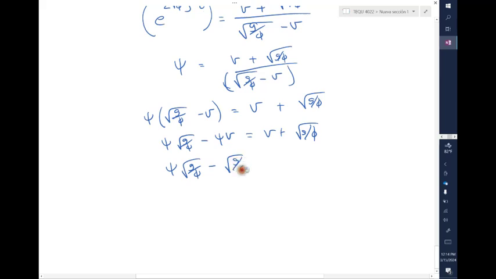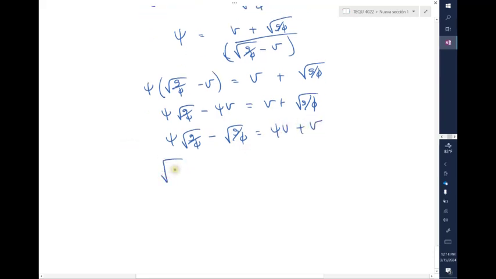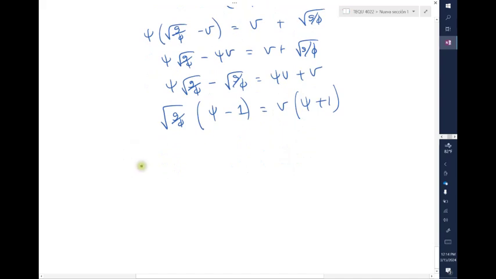G over phi equal, this goes positive this way, the distributive, psi minus 1 equal v as a factor psi plus 1, and we end up that the velocity in terms of time equal terminal velocity, the square root of that, so that would be psi minus 1 divided by psi plus 1.